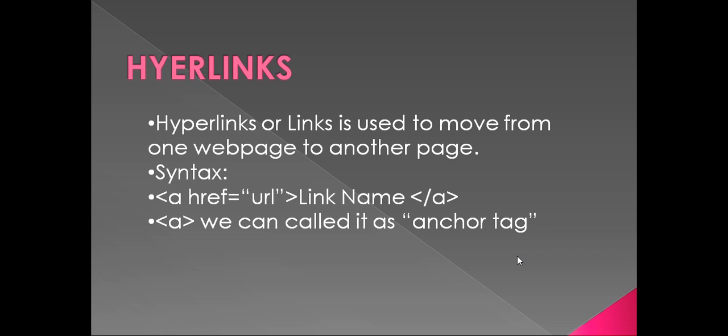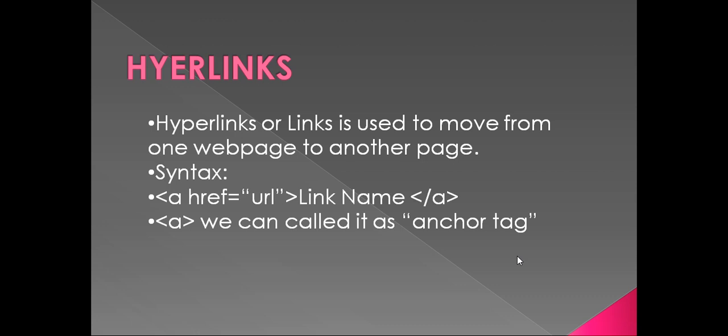Let us understand the syntax. There is an anchor tag which has an attribute href, reference. It is equal to, we need to give the URL name, and after that we need to define the content, that is called the link name. Whatever is inside the tags will act like a display.